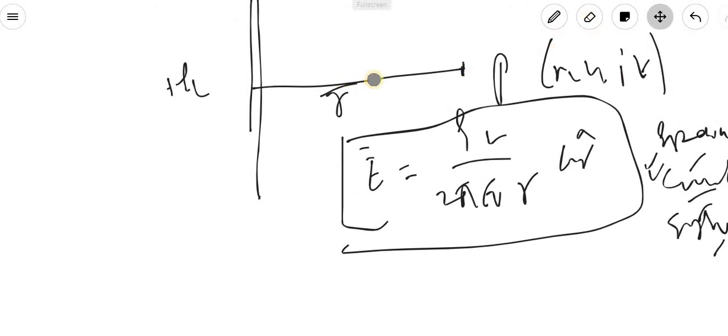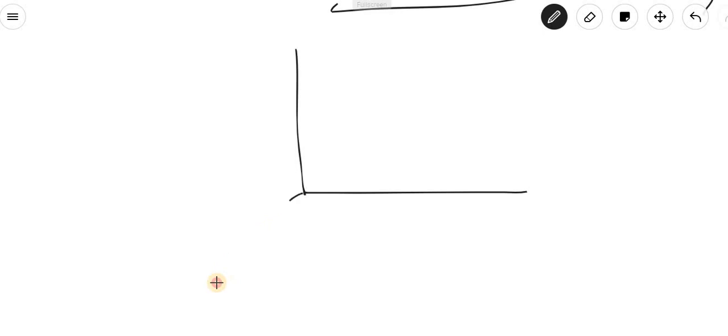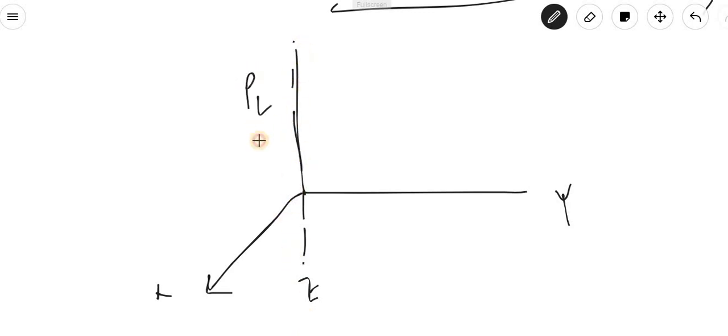Now, to make this clearer, suppose along the z-axis the line charge rho L is there.